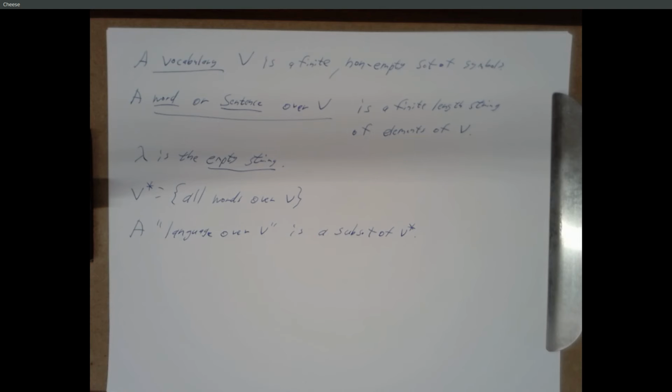V star is the set of all possible collections of letters, and a language over V is a subset of those. For example, the English language is those collections of strings of letters that we consider to be words. So the terminology is not the same as what we use in commonplace. But the language would be like all the words you find in the dictionary, for example.